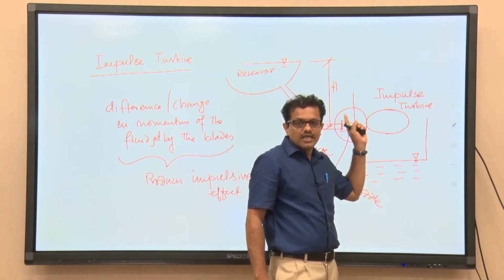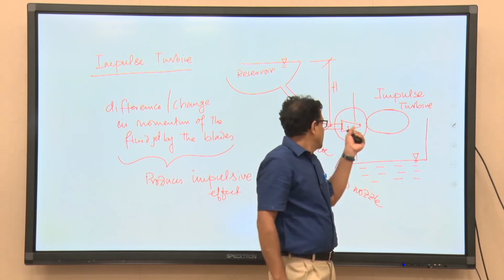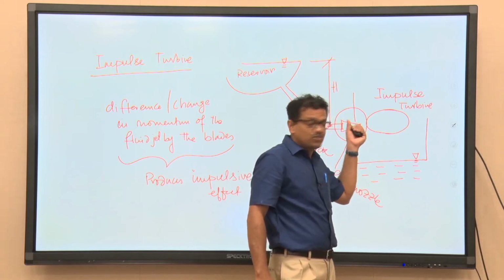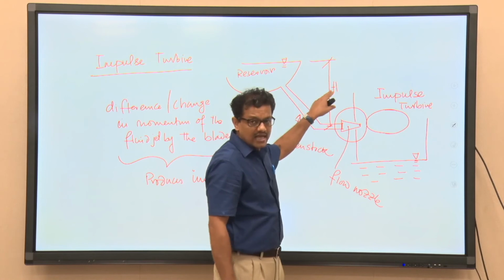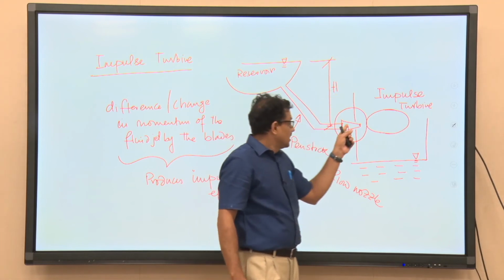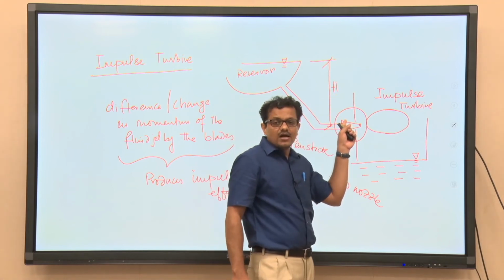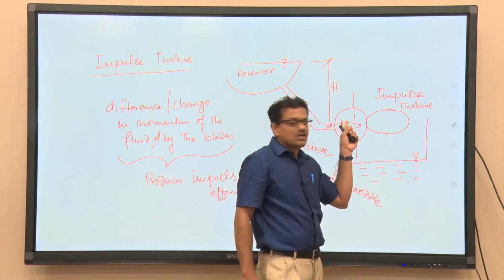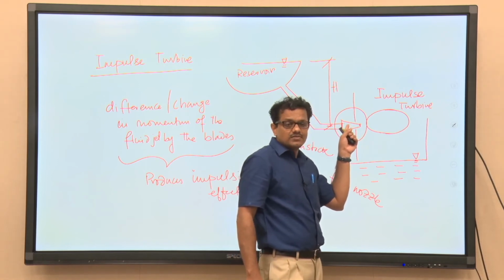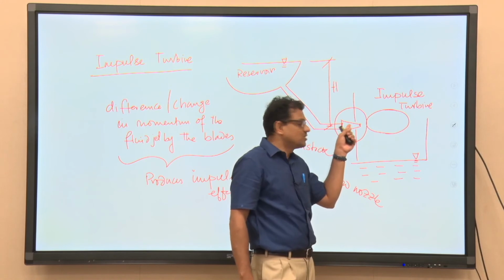So, you can understand now, using this head H which is available at the inlet to the turbine, there will be some loss when the fluid is passing through this nozzle.